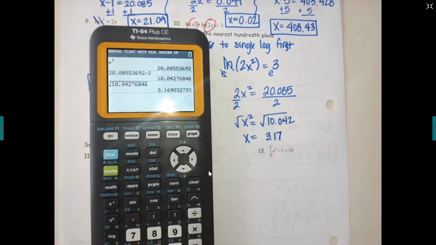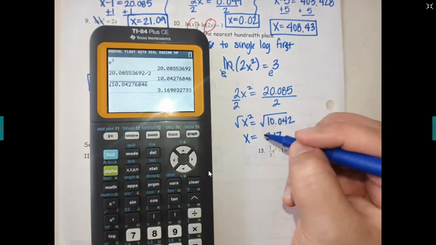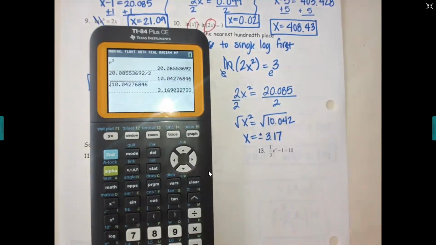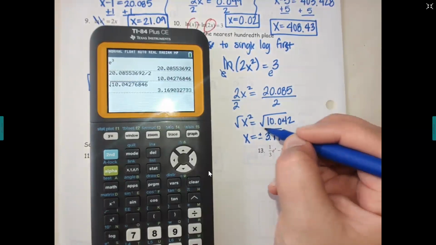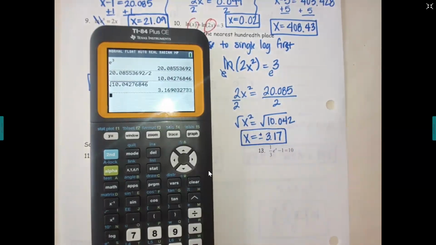If it's an x squared, how many answers am I supposed to get? 2. So what's the other answer? 3.17 and negative 3.17. Or if you want to do the shorthand, remember plus minus. Okay, remember, a quadratic should always give you 2 answers, not just 1.